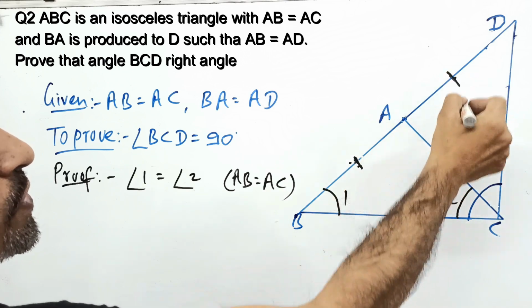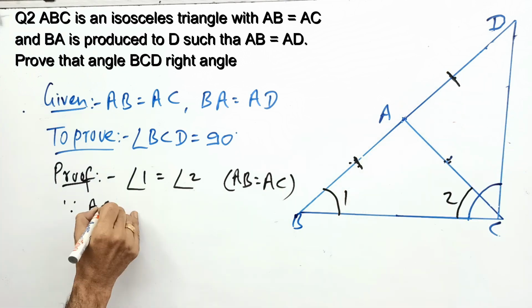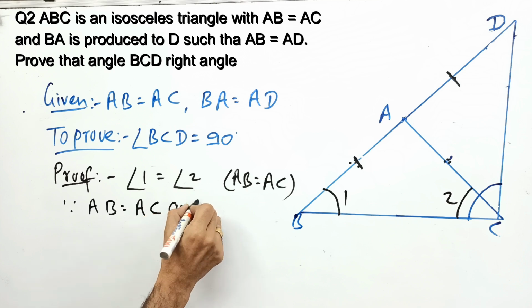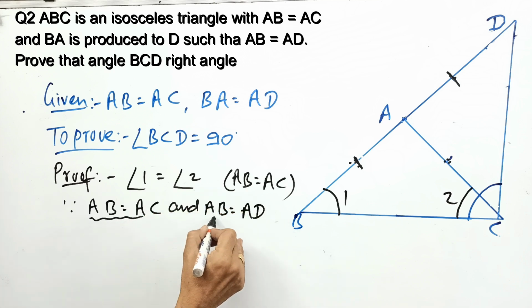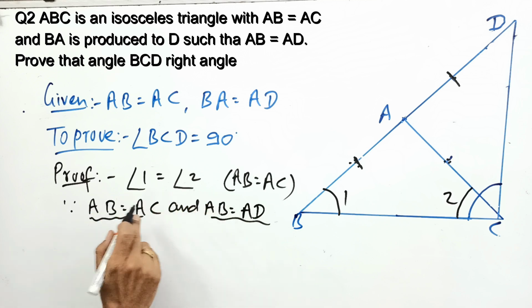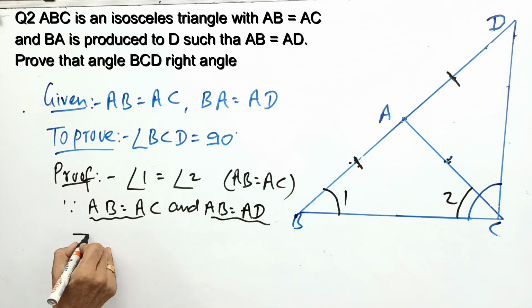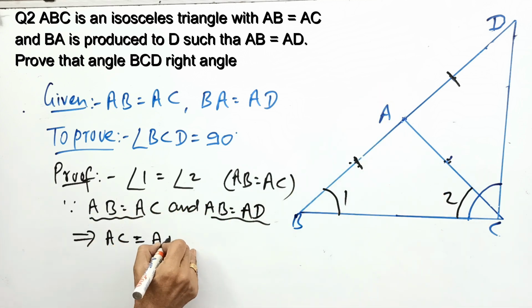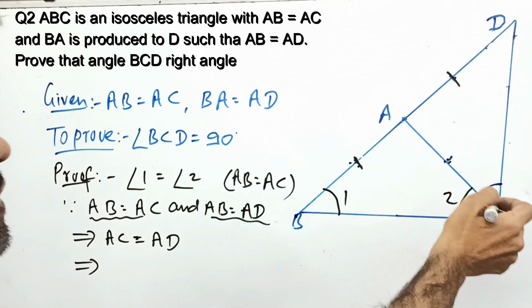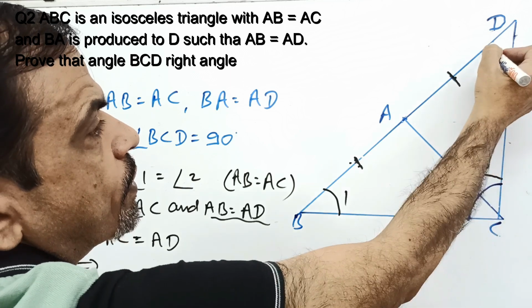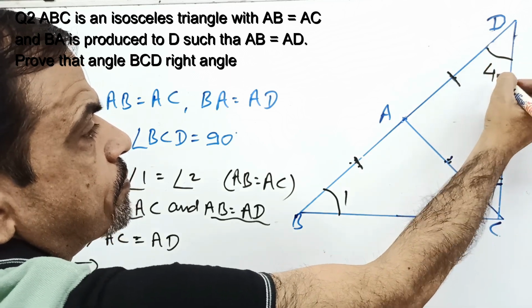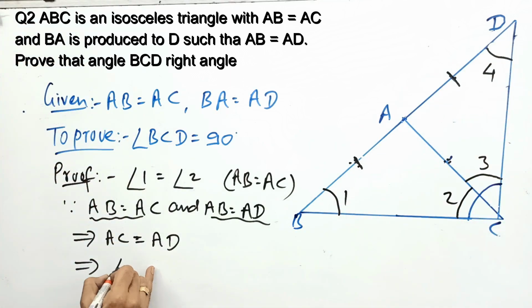Therefore, these two sides will also be equal, and with AB common, AC equals AD. So we can say this angle 3 equals angle 4 by the isosceles triangle property.